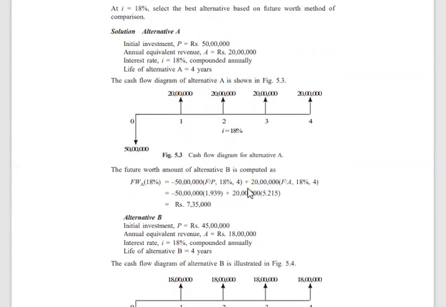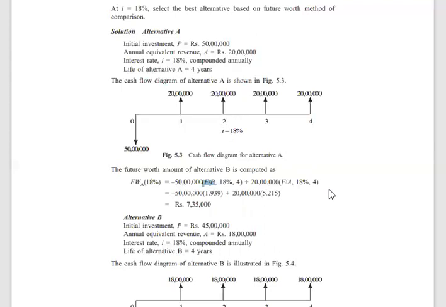That is the principal, minus 50 lakhs, into F by P. You know about this F by P from the previous unit, so you can take the value from the previous unit and substitute it here.